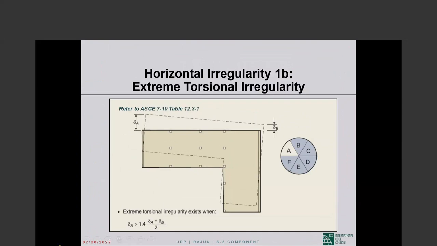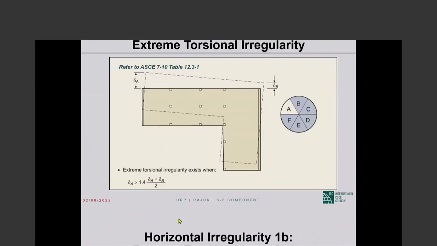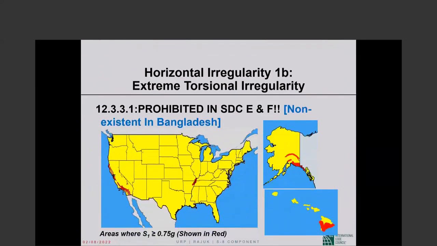Now the maximum is more than 140% of average. This irregularity is prohibited in seismic design category E and F. You do not have that in Bangladesh, so you don't have to worry about it. But in near fault areas, this is simply not allowed to be built.